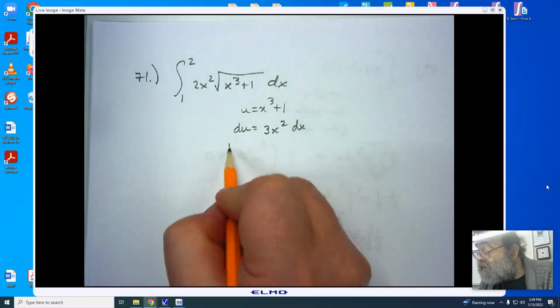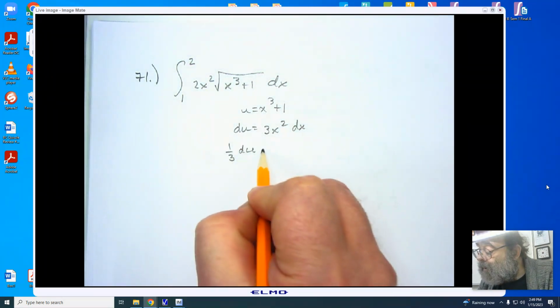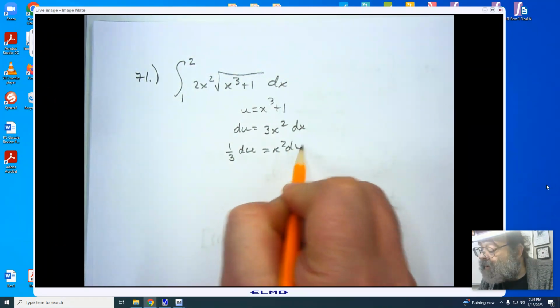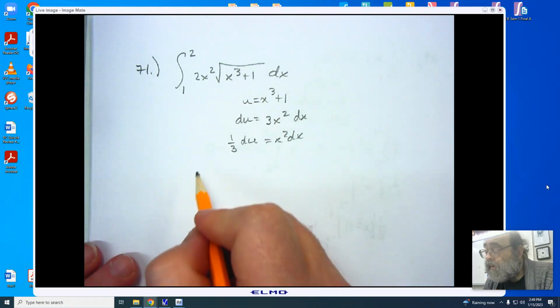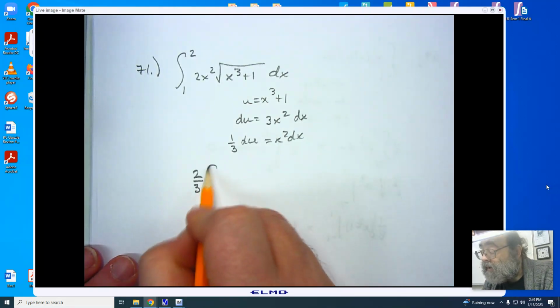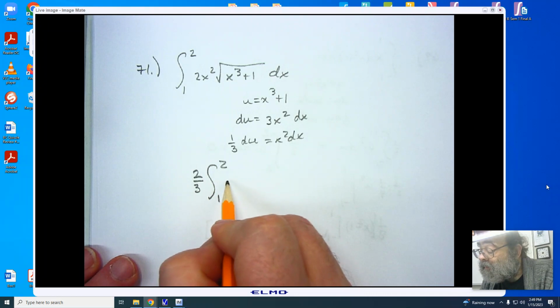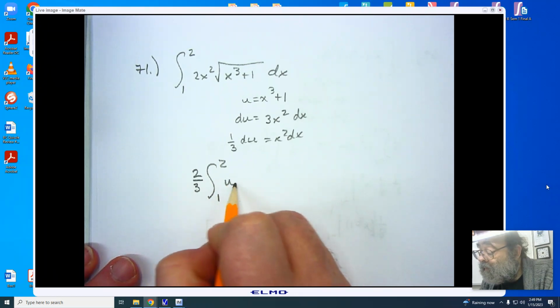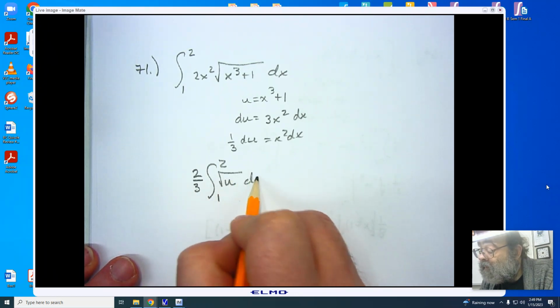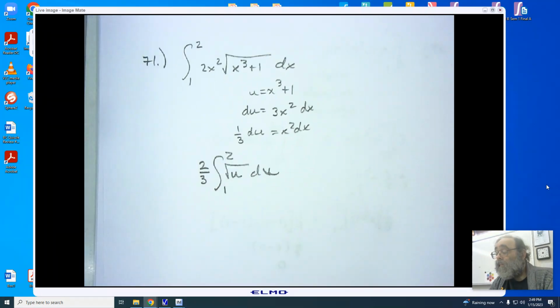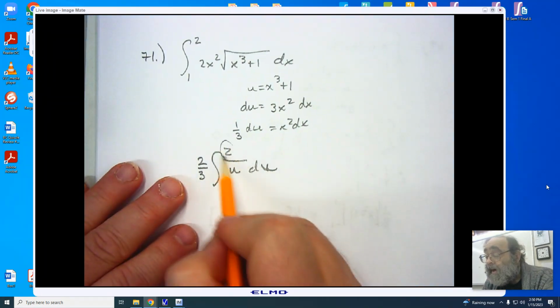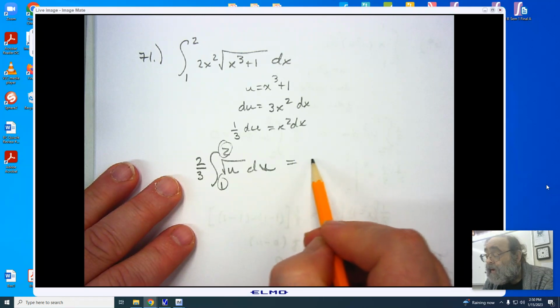And I'm going to make this 1/3 du equals x squared dx. Now some people are saying, what about that 2? Well, that 2 comes out in front. Now, I have that option. Let's go ahead and replace. Let's just change those values.